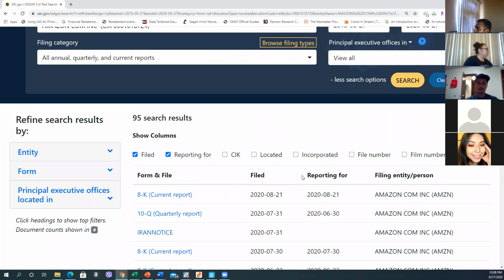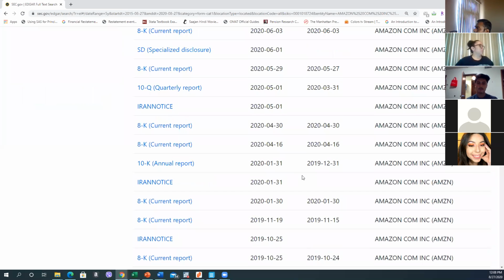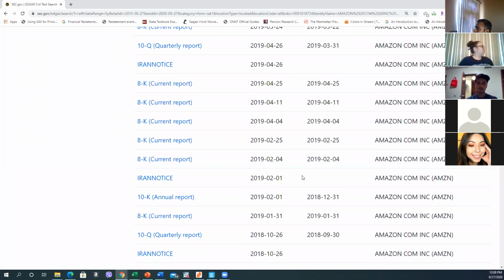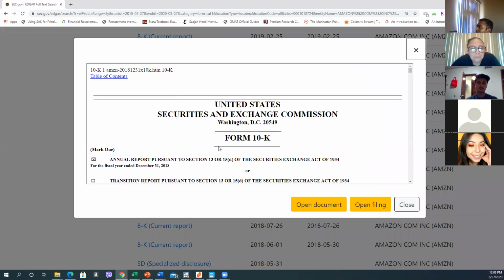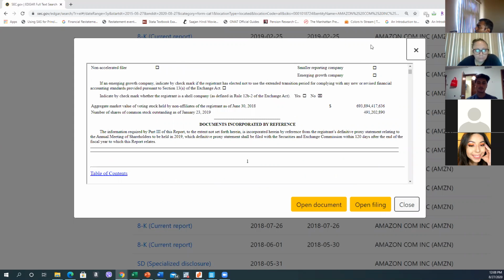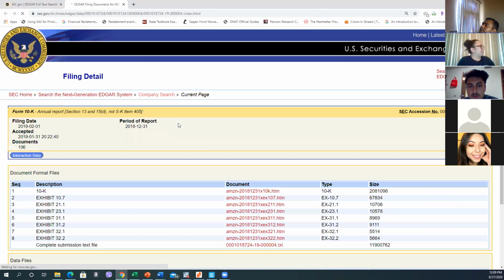So here we can see different files. So 10Q, 10K. This is the 10K annual report. Okay, I click on the annual report. Okay, so see that, open file. Okay.